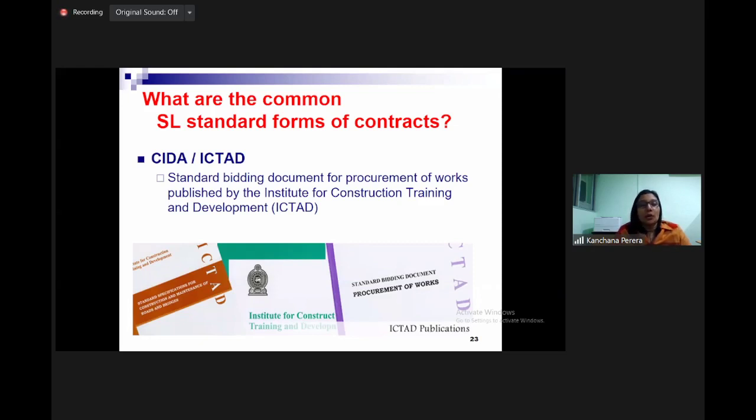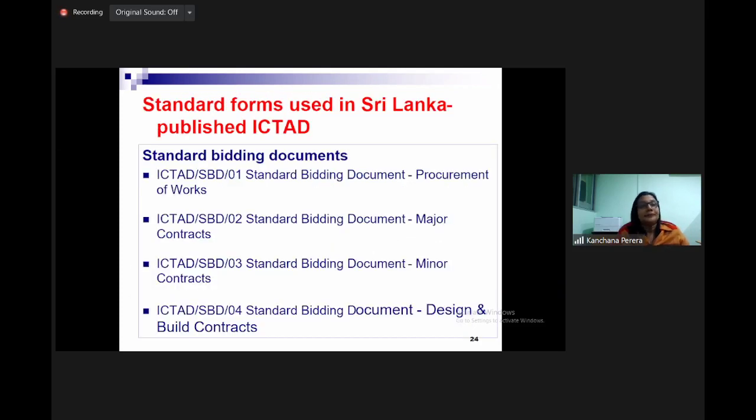Generally we have 4 types of SIDA forms of contract: standard bidding documents for procurement of works published by the Institution for Construction Training and Development, ICTAD, the earlier name, now it's SIDA. There are 4 types: standard bidding documents SBD 01, SBD 02, SBD 03, SBD 04.